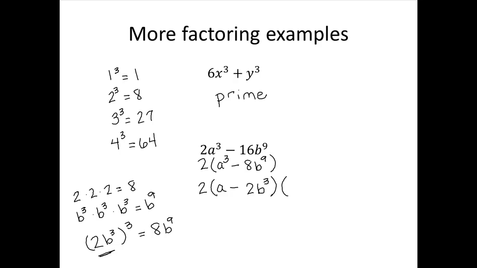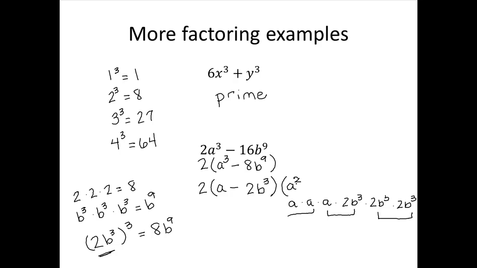To get my trinomial, I look at my first term in the first set of parentheses and I say a times a times a times 2b to the 3rd times 2b to the 3rd times 2b to the 3rd. I pair those up. First two go together, middle two go together, last two go together. I get a squared.